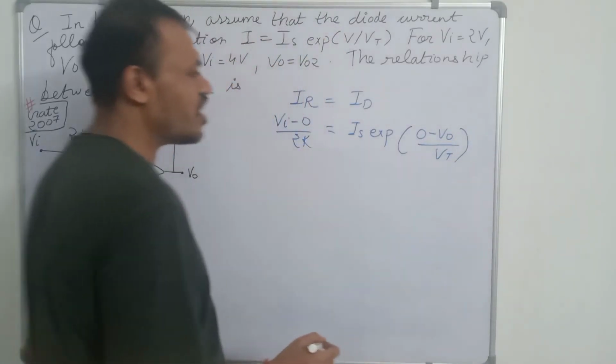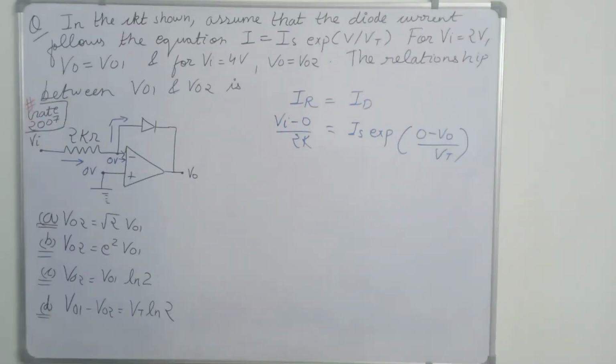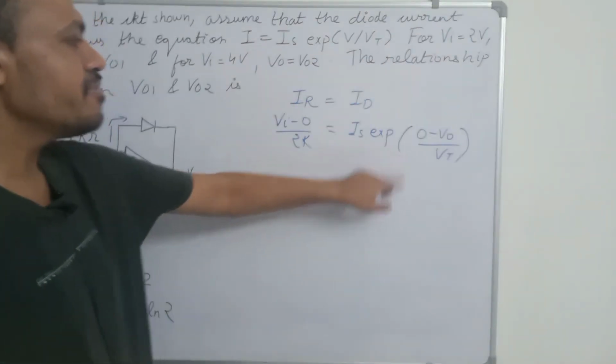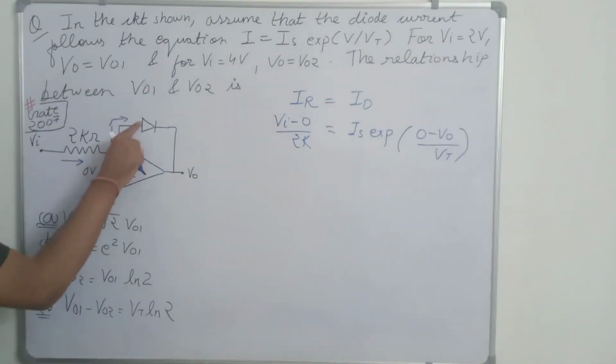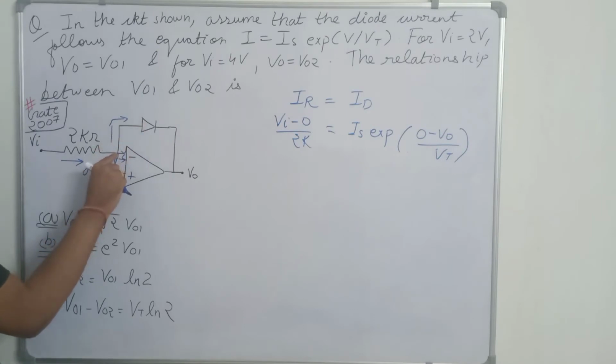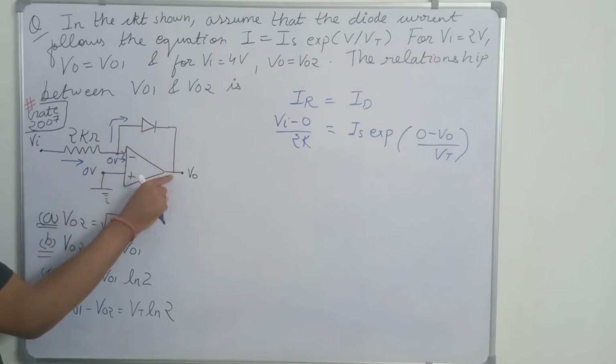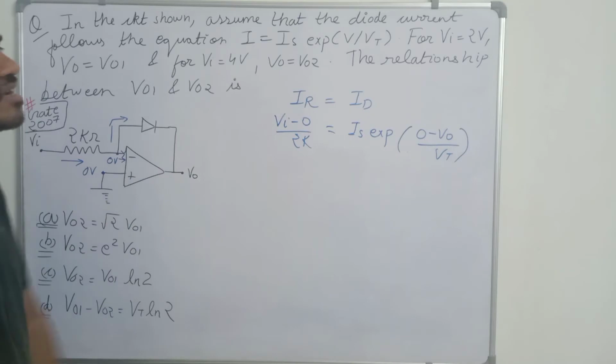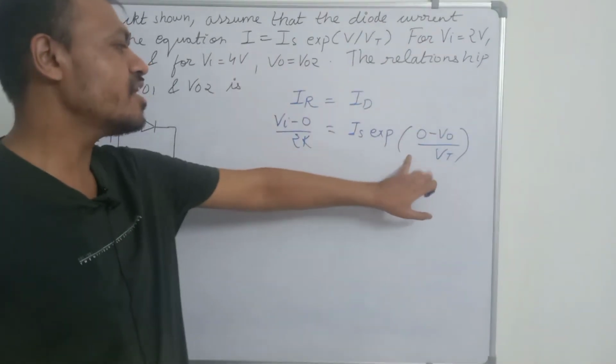This terminal of the diode is at 0 and the other terminal of the diode is V0. So the voltage across the diode is 0 minus V0 upon Vt.